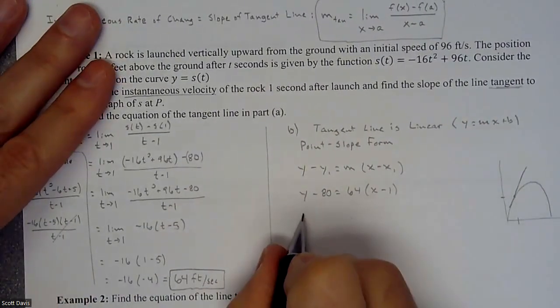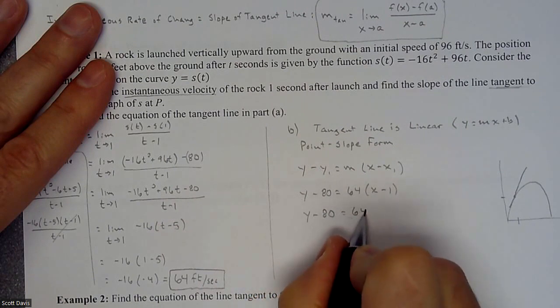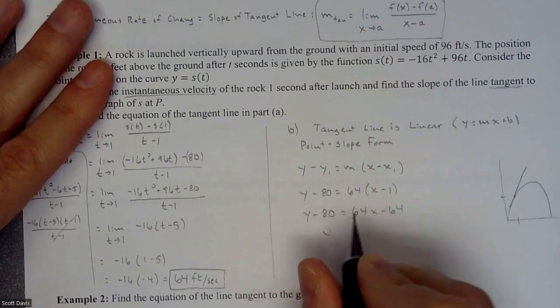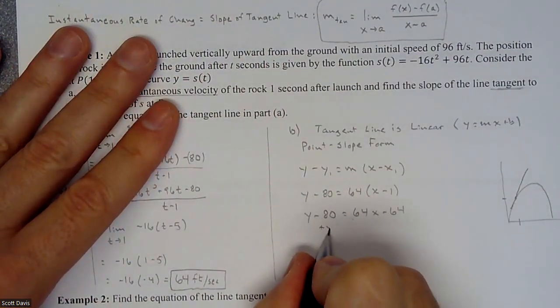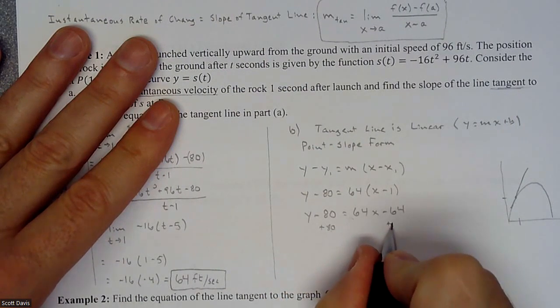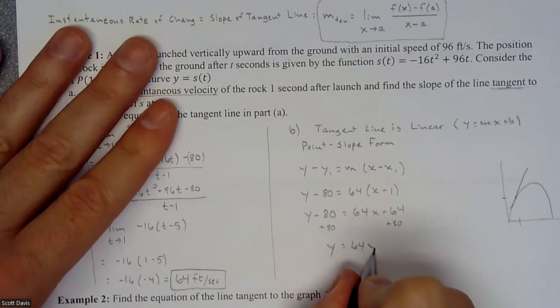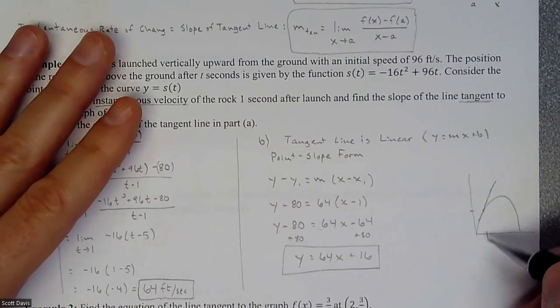We'll distribute: y minus 80 equals 64x minus 64, and then we'll add 80 over. Y is going to equal 64x plus 16.